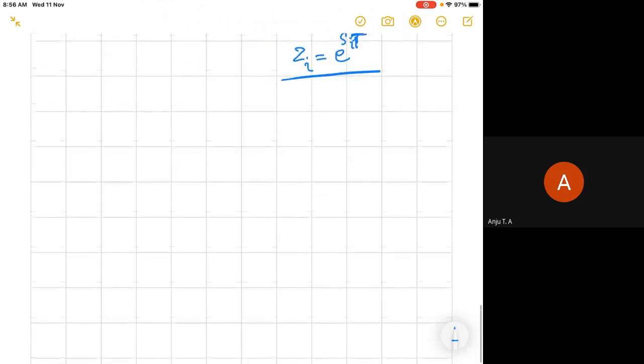So that's all. I think with this example, it would be clear for you.